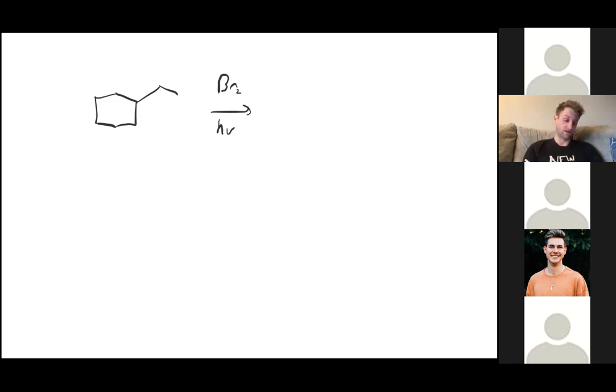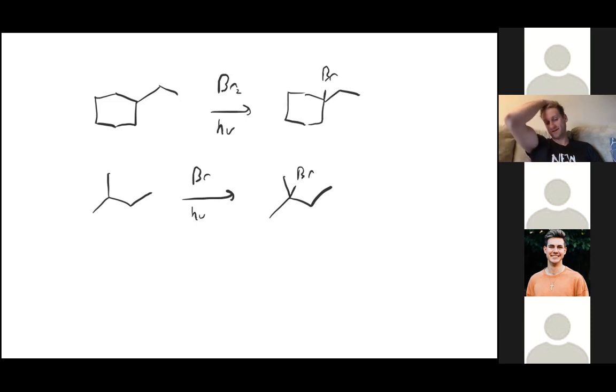So these are highly selective for tertiary positions, over secondary, over primary. Quaternary you can kind of ignore because there's no hydrogens to pull off.